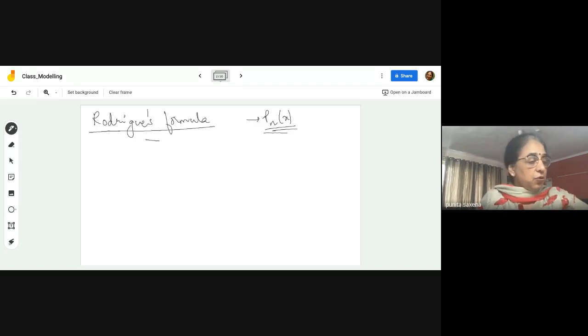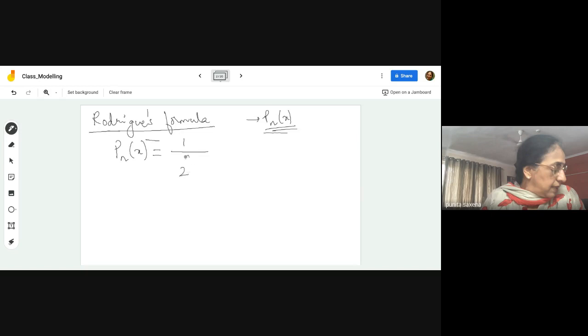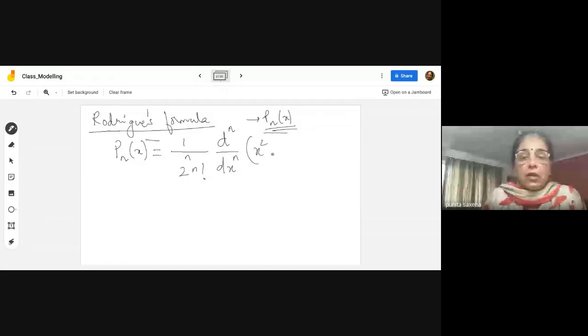The Rodrigues formula says that the Legendre polynomial of order n is given by 1 upon 2 to the power n n factorial into the nth derivative of (x squared minus 1) to the power n. This is called the Rodrigues formula.